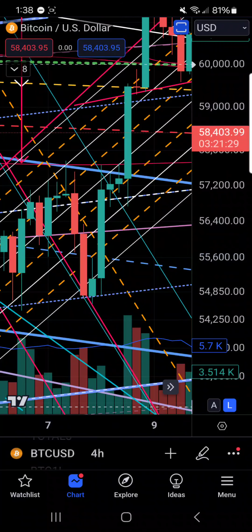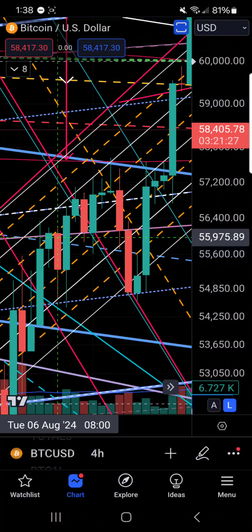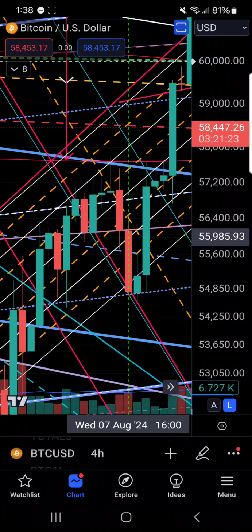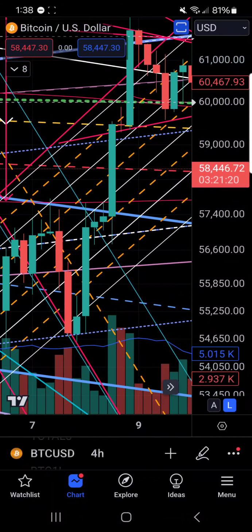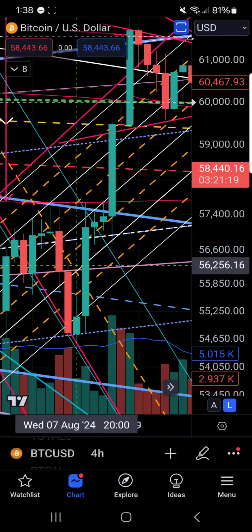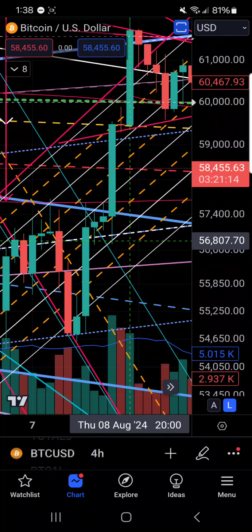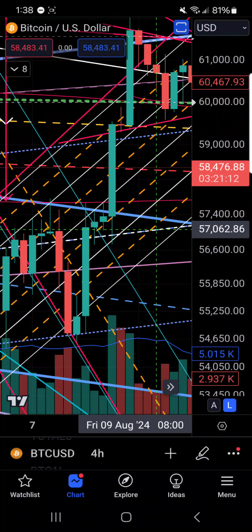And prior to that, it acted as resistance here, acted as support here. This is one of those areas where the blue and the pink channels are intersecting. So both of them have acted as support and resistance here.